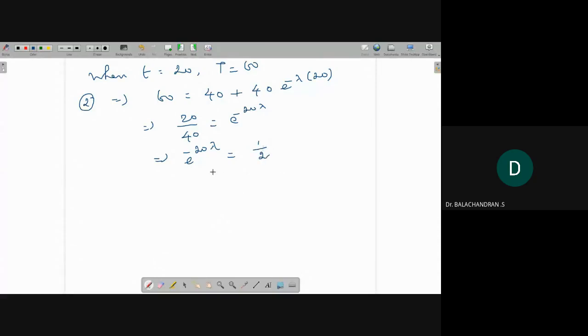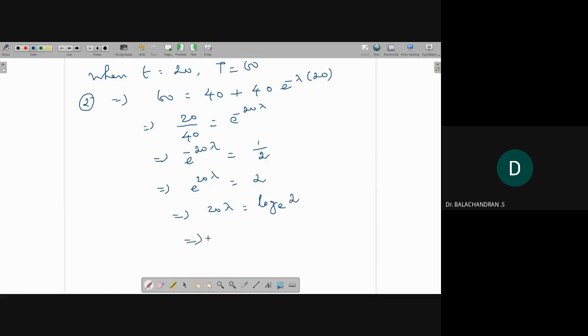Now from this I'll find lambda. So e power 20 lambda equal to 2. This implies 20 lambda equal to log base e of 2.